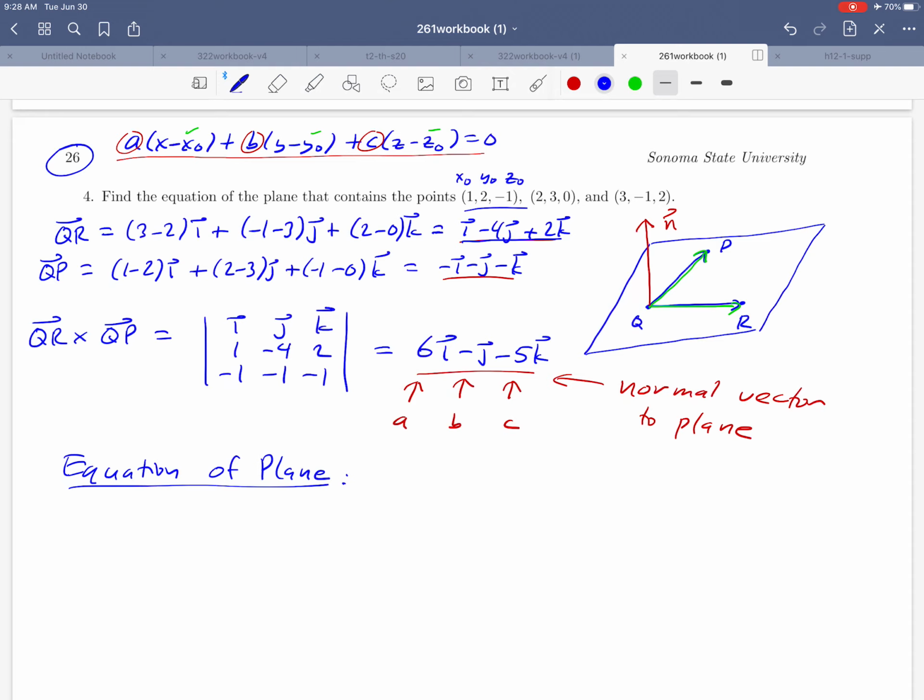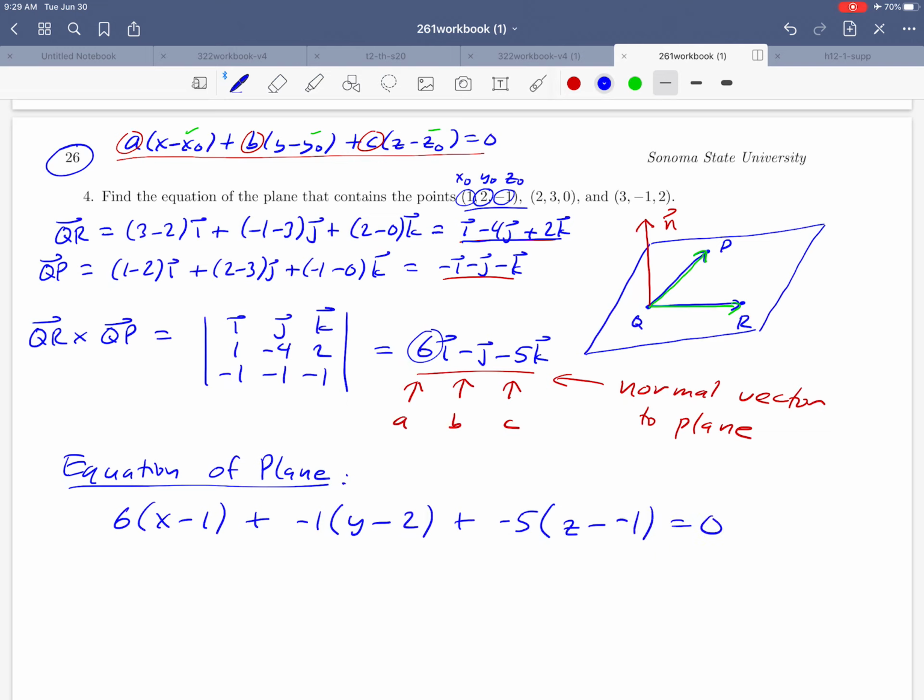The equation of the plane is going to look like A, which we can see up here as 6, times x minus x naught. X naught is sitting up here, 1, plus B, which is negative 1, times y minus y naught. Y naught is the 2 that's sitting up there. Plus C, which is negative 5, times z minus z naught, and the z naught is sitting right here, negative 1.